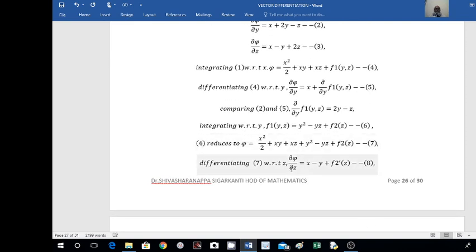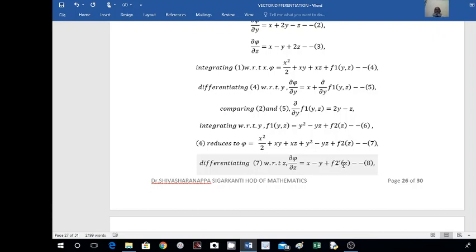dou pi by dou z equal to, the derivative of this is equal to 0, no? Yes, because we are differentiating with respect to z. The derivative of this is 0. The derivative of this is also equal to 0. The derivative of this is x, plus the derivative of this is 0, minus the derivative of this is y, plus the differentiation of this, f2 dash of z.